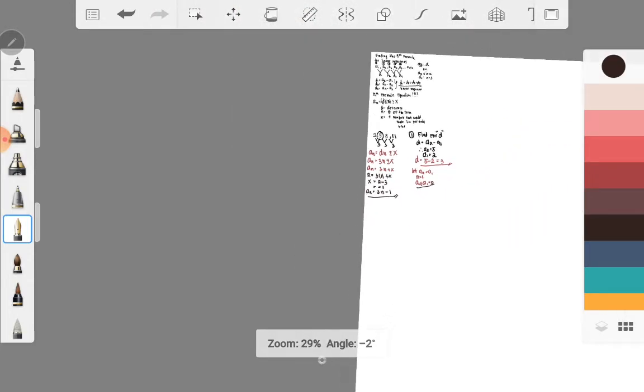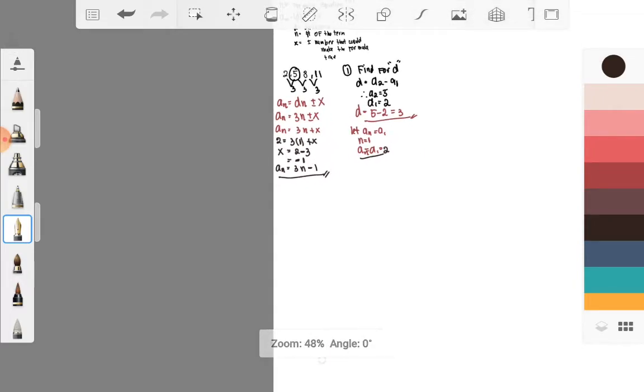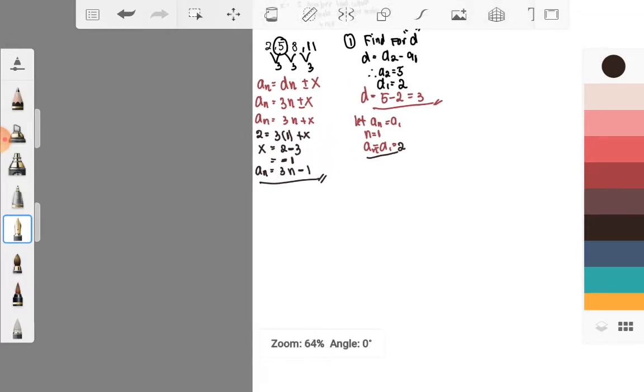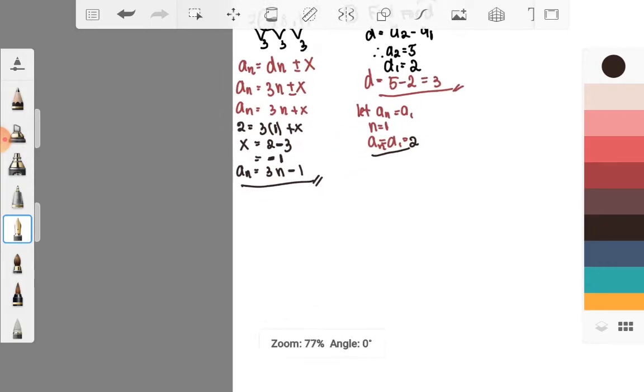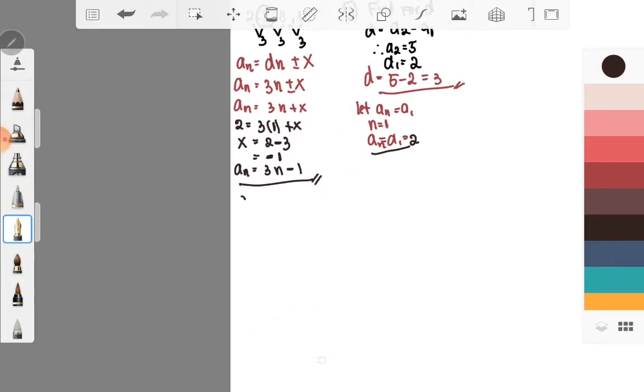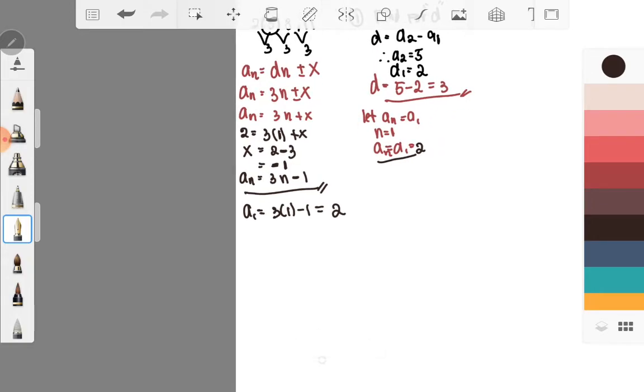So, let us prove if 3N minus 1 is the correct equation. At my A sub 1, I have 3 multiplied by 1 minus 1 is equal to 2, which is our first term. At second term, I have 3 multiplied by 2 minus 1, so I have 5.